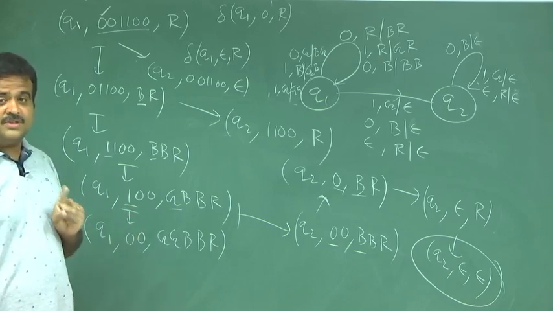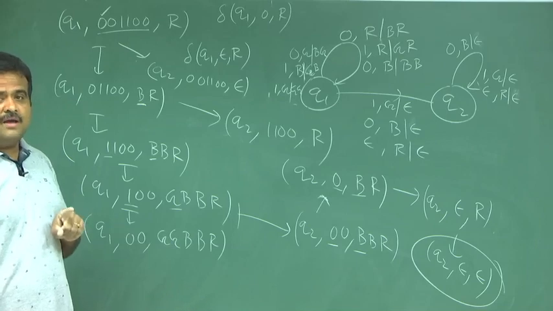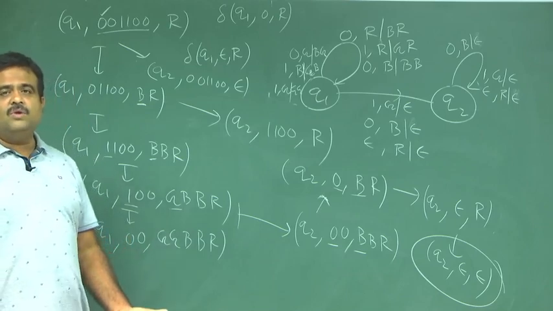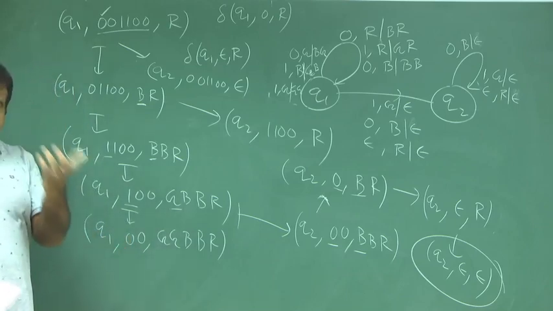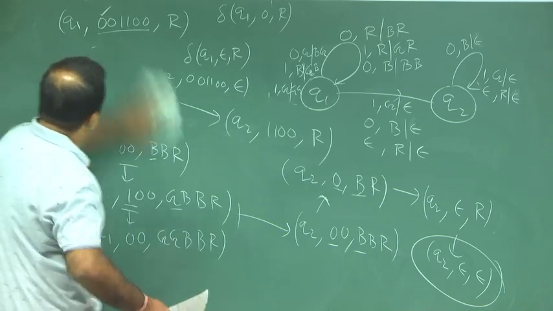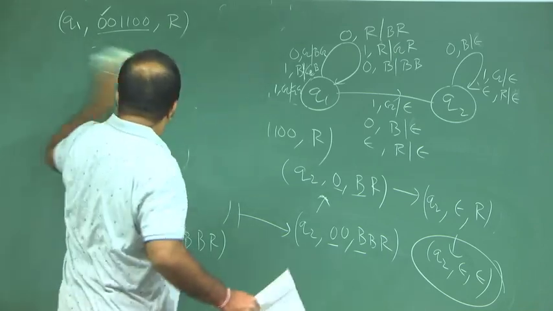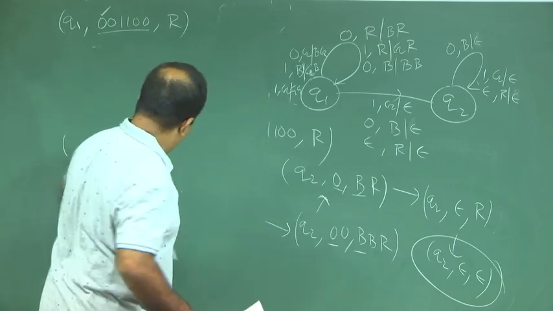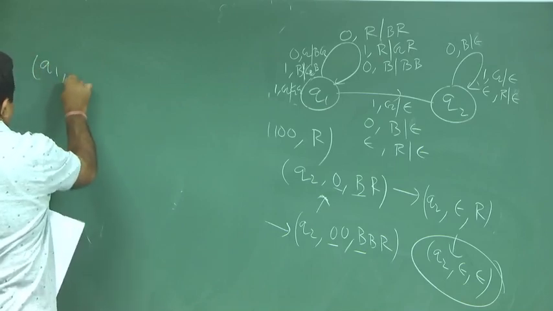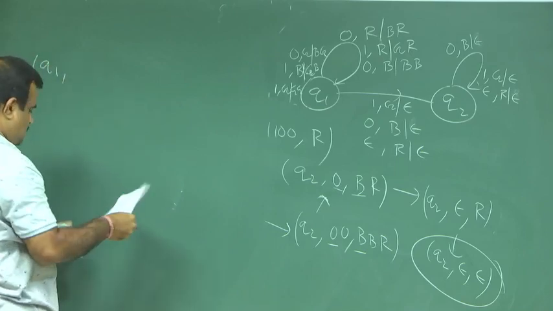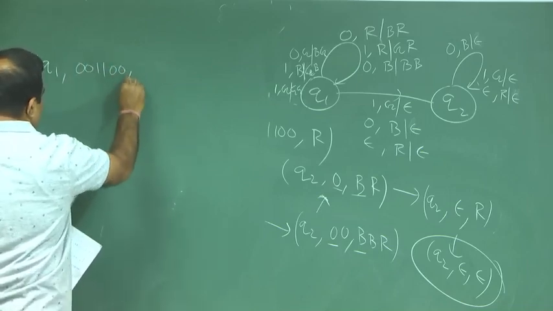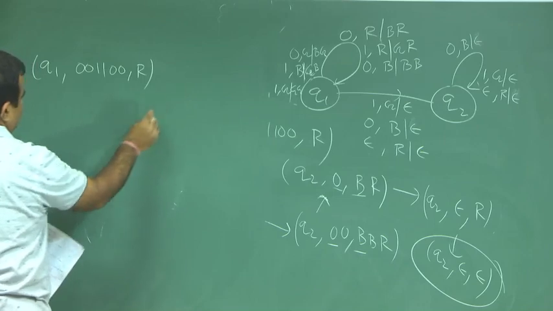Okay. And remember, the PDA will halt if the stack is empty. So, now it is halting, and we have already exhausted the input alphabets. So, this is the initial ID, q 1, then this w is 0 0 1 1 0 0, r.